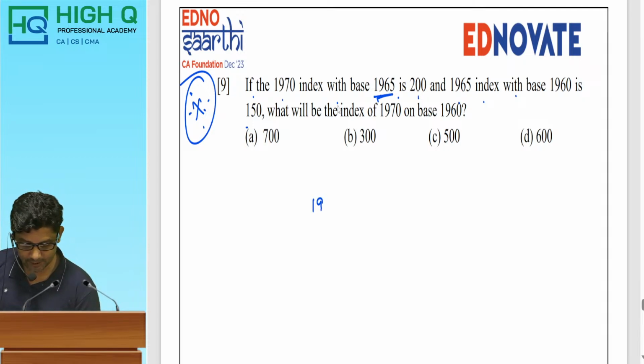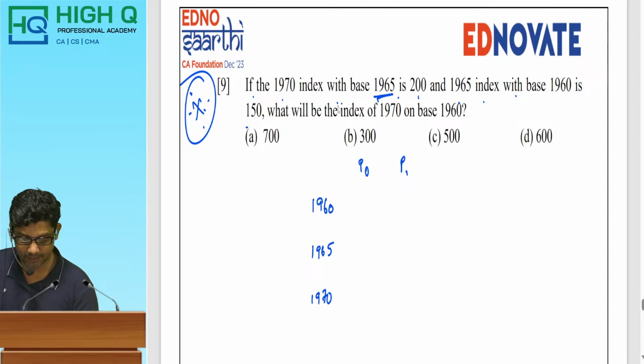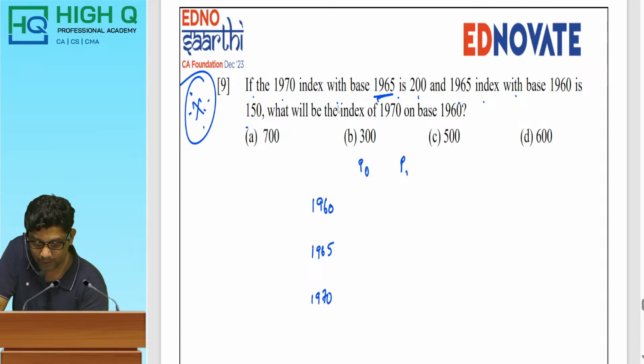Total how many years? 1960, 1965, 1970. For example, this is the base year and this is the current year.